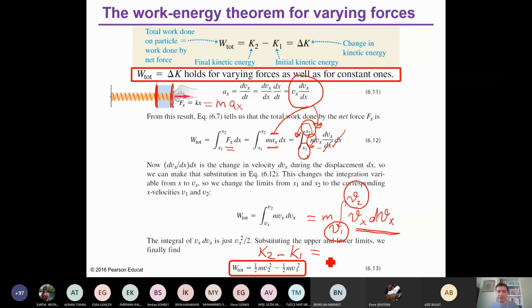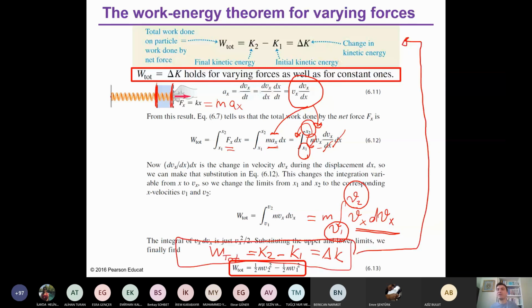What do you see here? This is equal to the work energy theorem for constant forces. So it means that this theorem, the work energy theorem, is valid for constant forces and varying forces. Don't forget this one. Any question here?